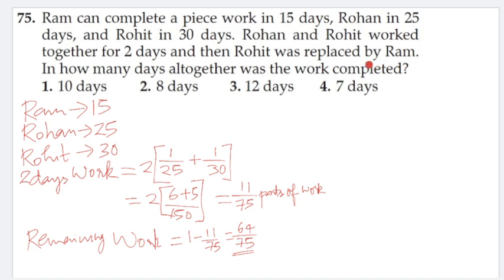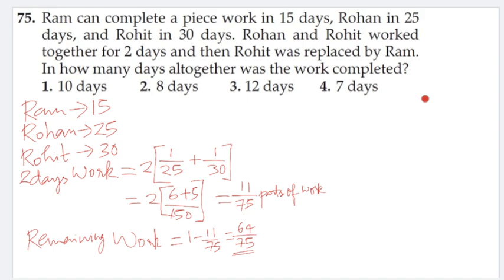Now what else is given in the question? Then Rohit was replaced by Ram. After this 11 by 75 parts of the work, Rohit was replaced by Ram. Now who of them are working? Here Rohan and Ram are working. And now we have to calculate the work done by Rohan and Ram.